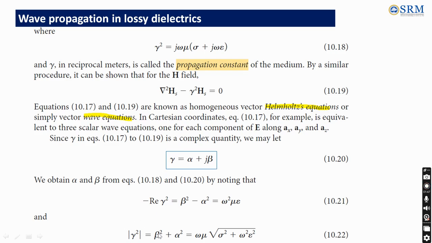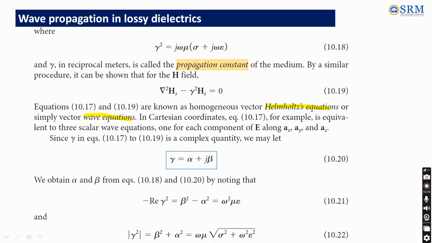So if we take that and equate it to this same term, taking the magnitude of this gamma square, what will come? Omega mu will be there as it is if we take the modulus of it. And here for the modulus, we have to take again one root, of sigma square plus omega square epsilon square, we will get it.